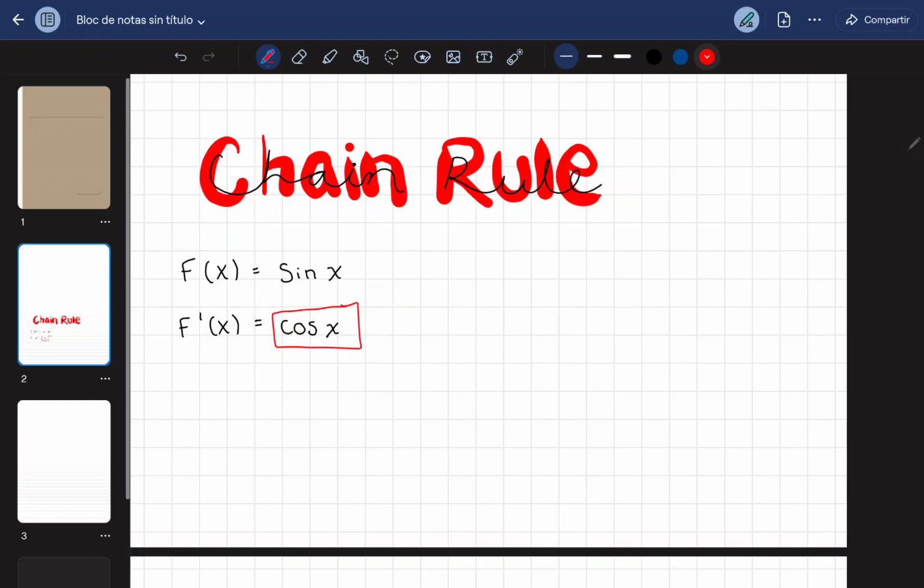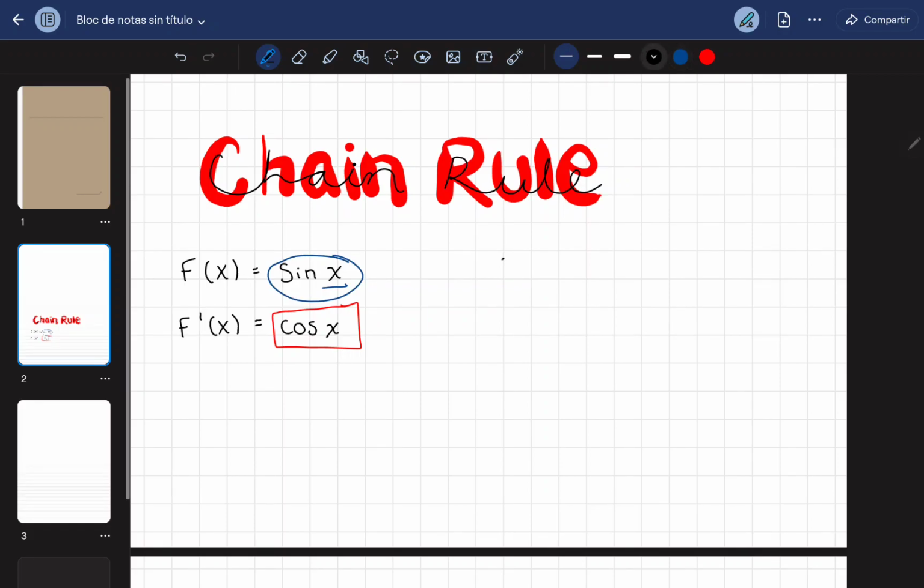But we have only seen the trigonometric functions that have the x alone, but it can be 2x, 4x squared, etc., right? So let's change this problem and let's make it harder.